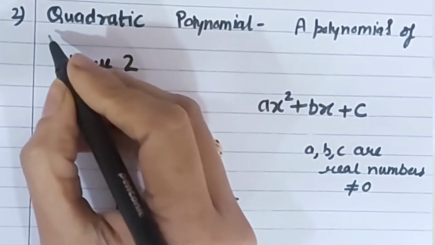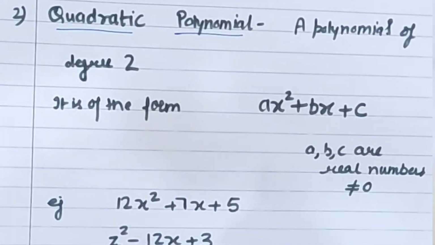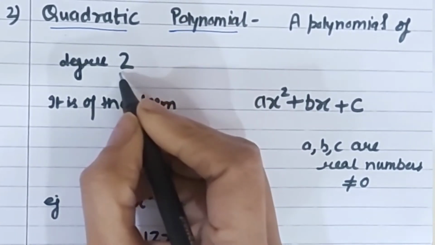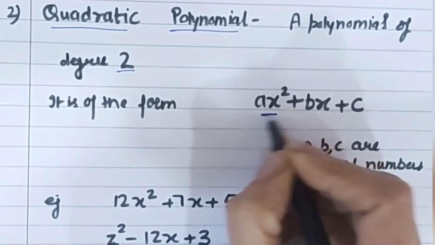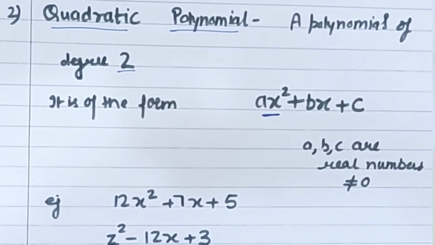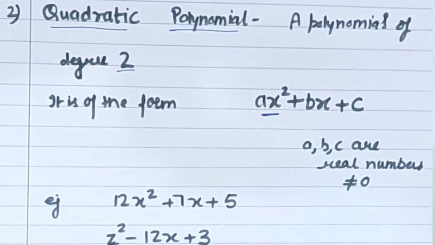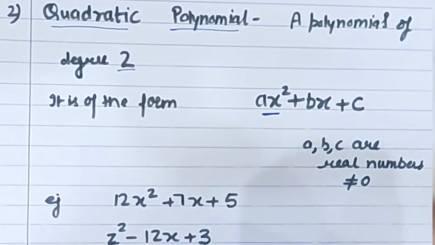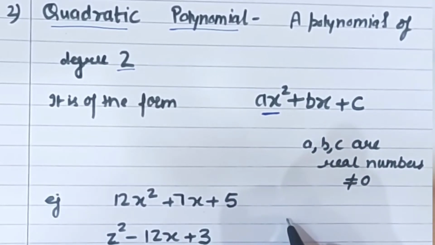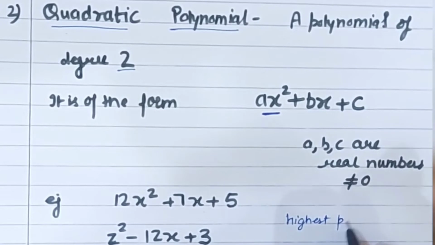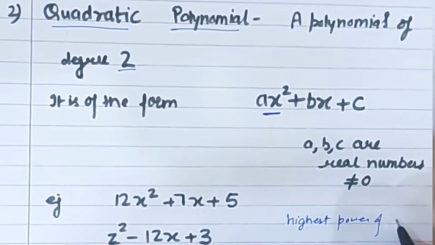Next we have the quadratic polynomial, where the degree of the variable is 2. The maximum power of the variable should be 2, then it is a quadratic polynomial. So here we have 2x square plus 7x plus 5. This is a quadratic polynomial because the highest power of the variable x is 2.